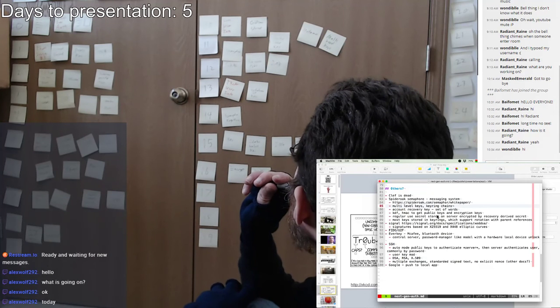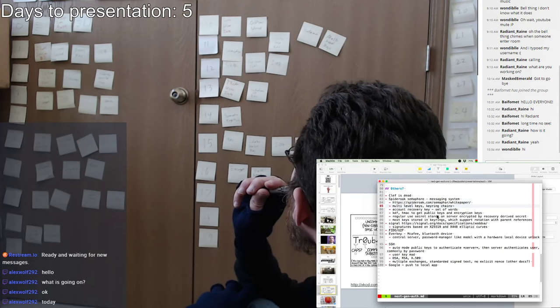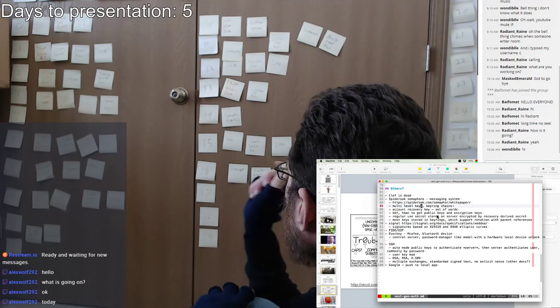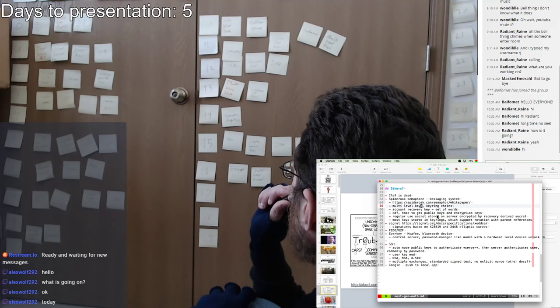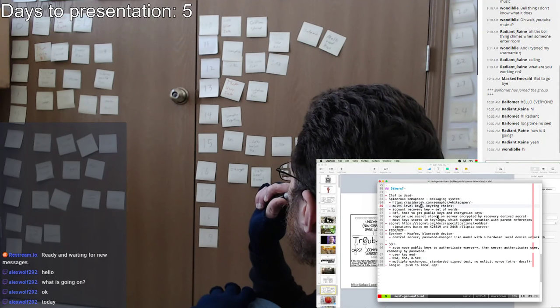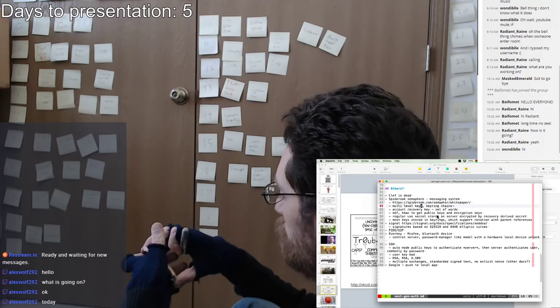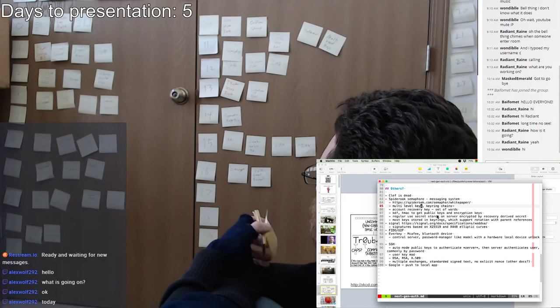Alright, so rotation of keys. In the cryptocurrency case, that's actually a little bit of a setup for, well, authentication is just different.